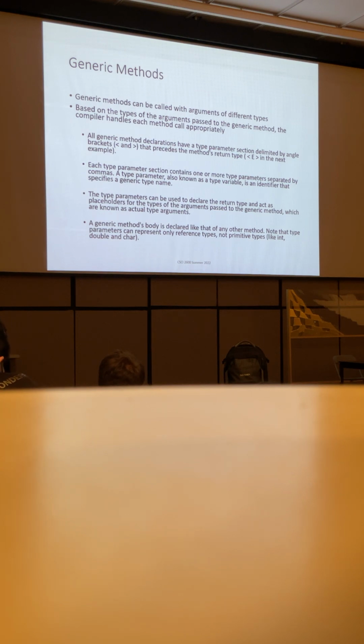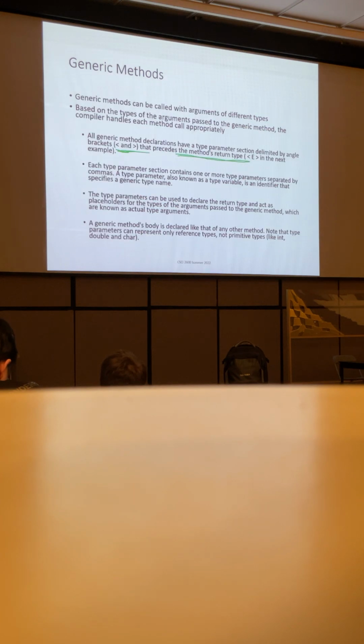There are a few things that we need to know about generic methods. Generic methods are generic because they can be used with arguments of different types. Remember that when you declare a type parameter, you have to use the angle brackets before the method's return type.